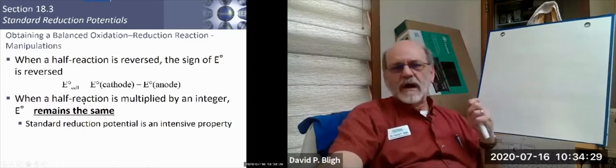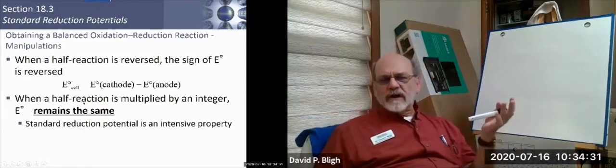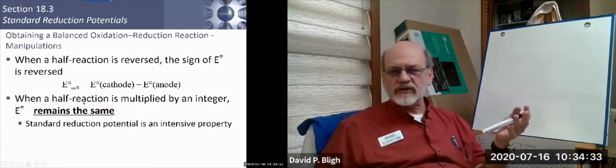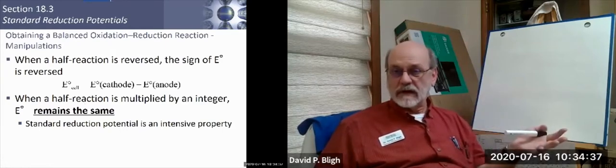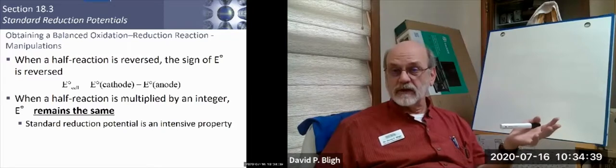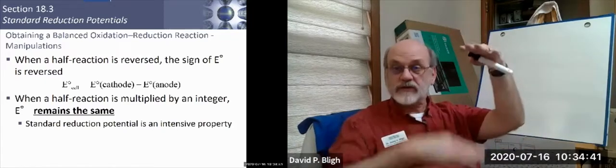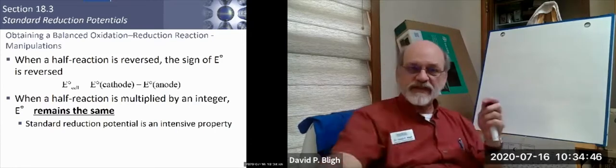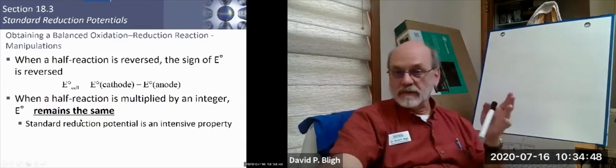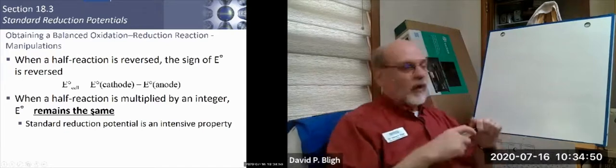Okay. What do you do if you're combining two half reactions and you have to multiply one by a constant in order for your reactions to be combined? Does the standard potential change? No, it remains the same. Why?